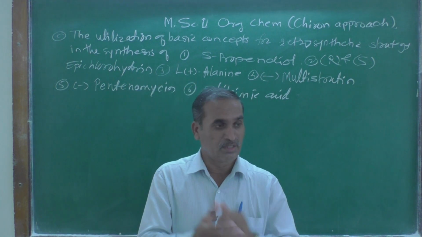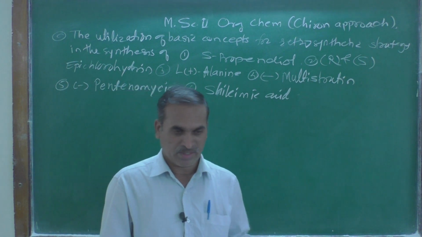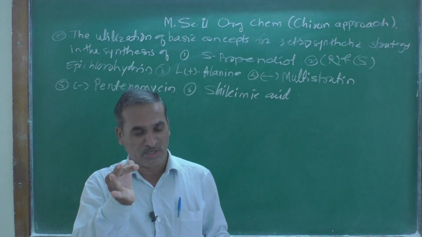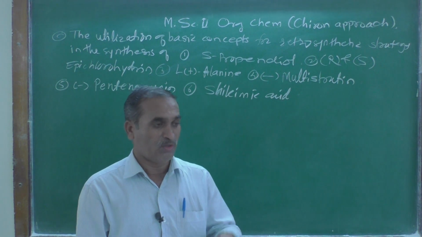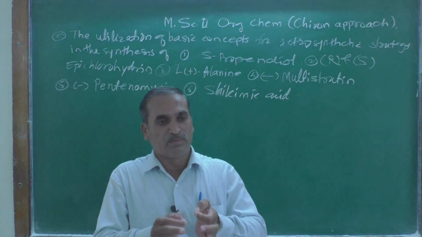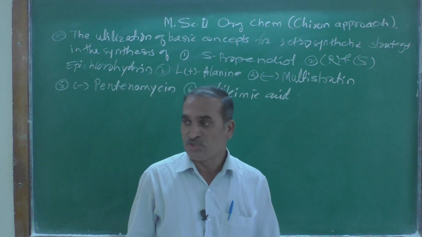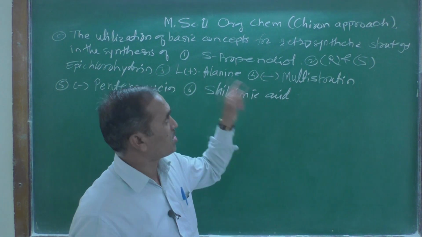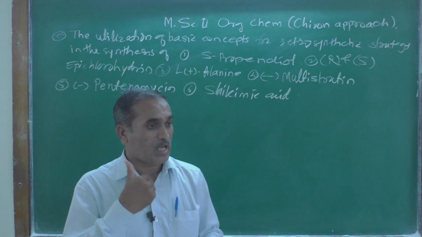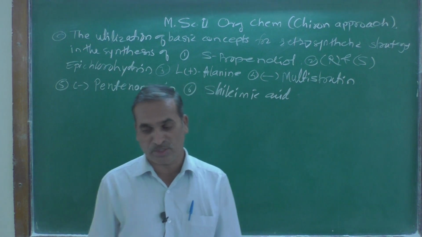And the last word is FGI. The full form of FGI is functional group interconversion. It is also one of the important terms used in retrosynthetic analysis, as well as while applying the Chiron approach or Chiron perspective.